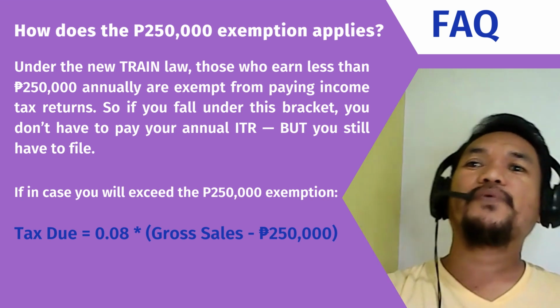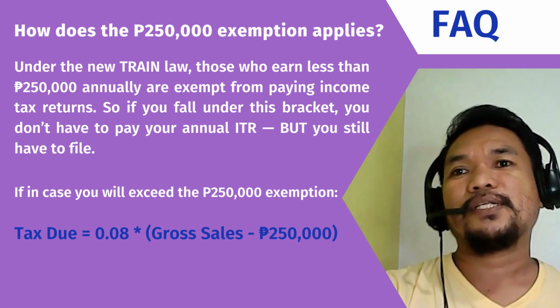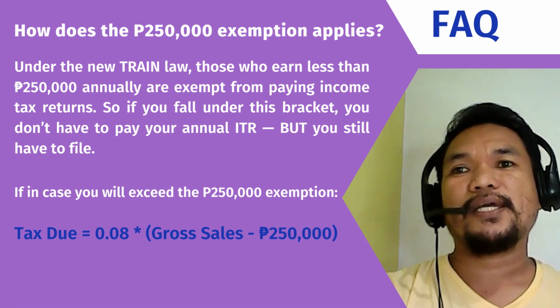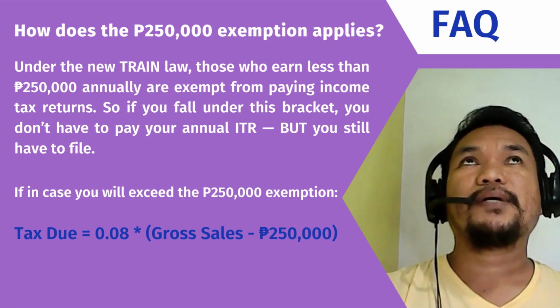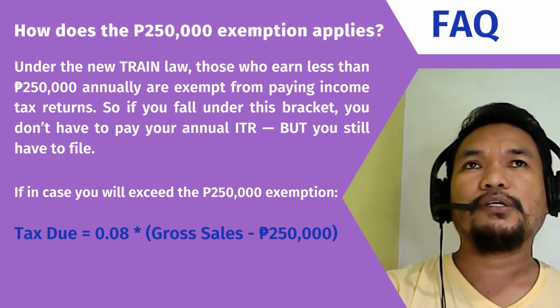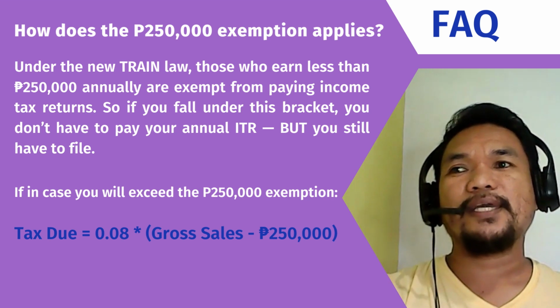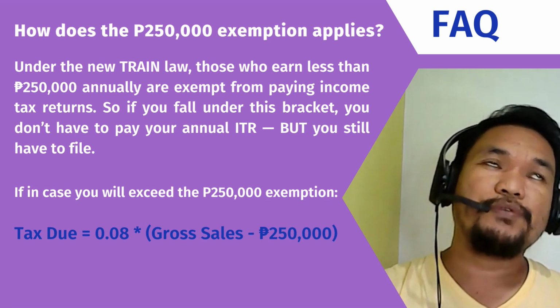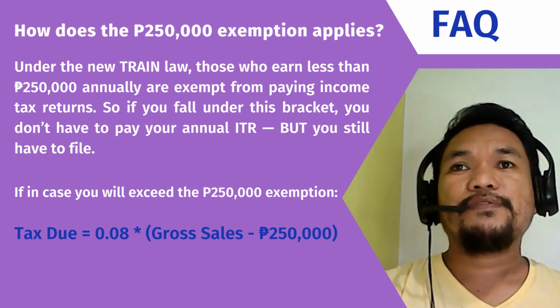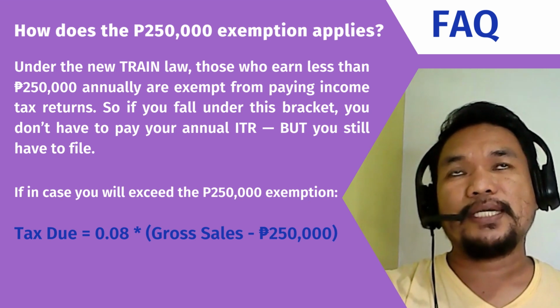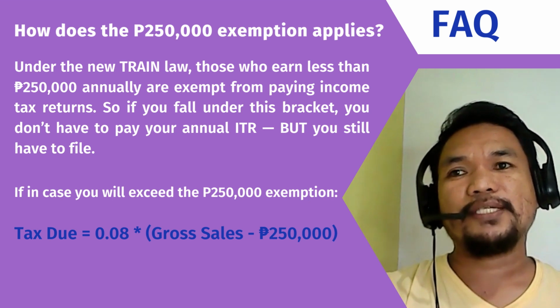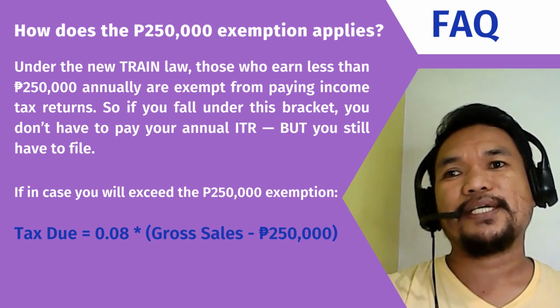If in case you exceed the 250,000 exemption, alright? Like for example, in a year, you reach 300,000. Since the exemption is 250, the 50,000 is actually taxable. So how do you compute your tax due? Of course, that's 8%, 0.08.